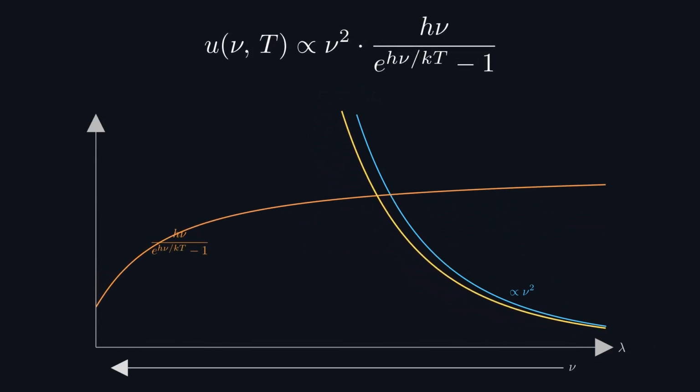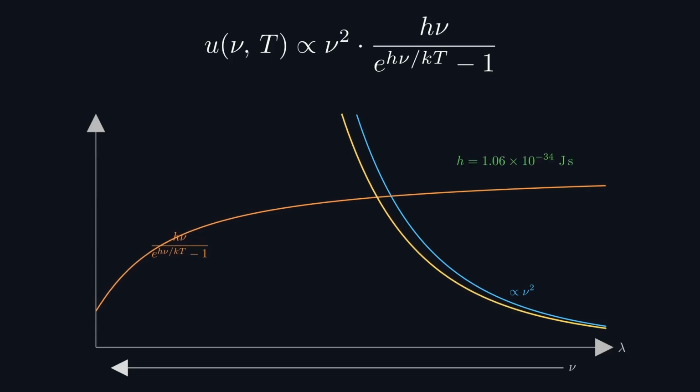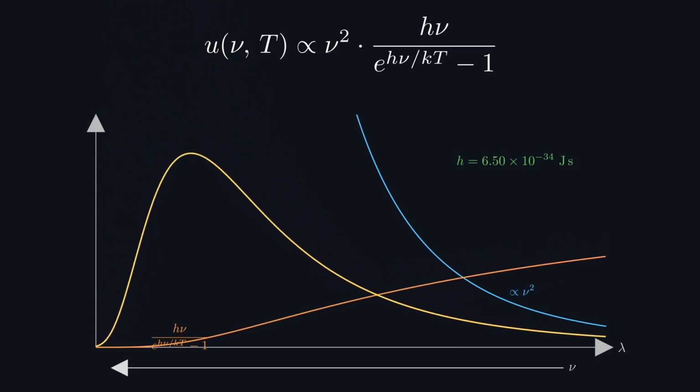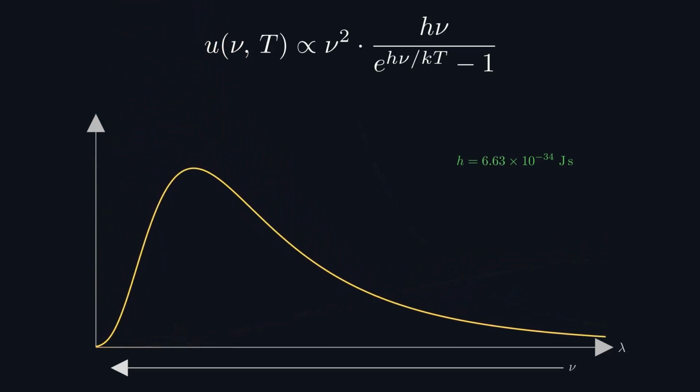Since epsilon is the exponent of the graph, at higher frequencies the orange line starts to decrease rapidly. This affects the overall shape of the yellow graph, and so as we change that proportionality constant, h, we can tune this exponential decay until the overall yellow curve finally matches the experimental blackbody radiation curve when h is at 6.63 times 10 to the power of minus 34.